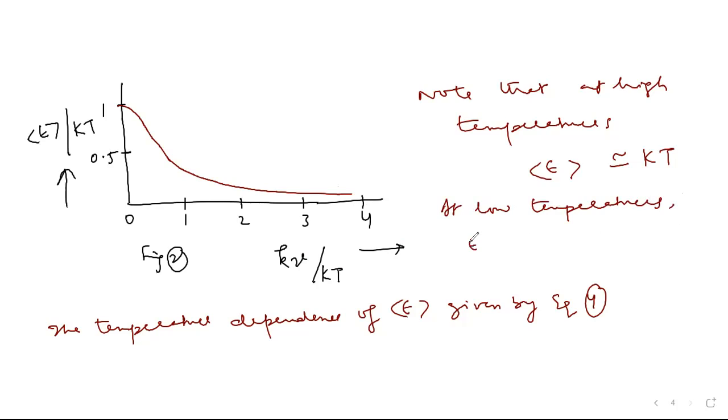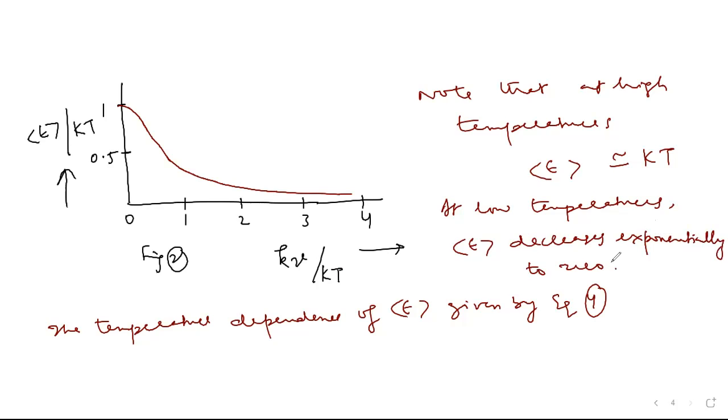I'm talking of average energy given by equation 4. So at low temperatures, this average energy decreases exponentially to 0, right?